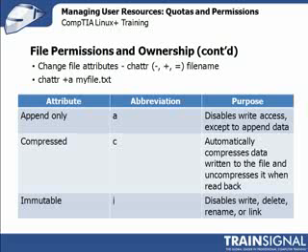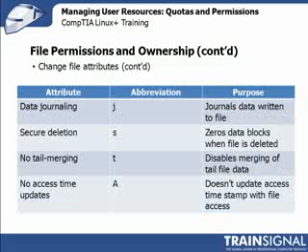So for example, we could type in the command chattr +a myfile.txt, and that would disable write access to that file except if we wanted to append some data. Continuing with our attributes, the data journaling attribute is abbreviated with the lowercase j, and that journals data written to the file.